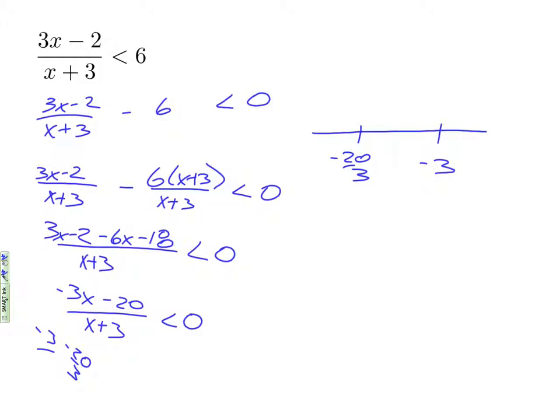All right, so what's the number on the left of negative 20 over 3? Negative 7. So negative 7 on the top, positive or negative? Positive, right? Because this turns into a positive 21 and a 20. So I'm positive on the top, negative 7 on the bottom. Negative on the bottom, so that combination means that section is negative. Okay, in the middle of those two, what's the number?